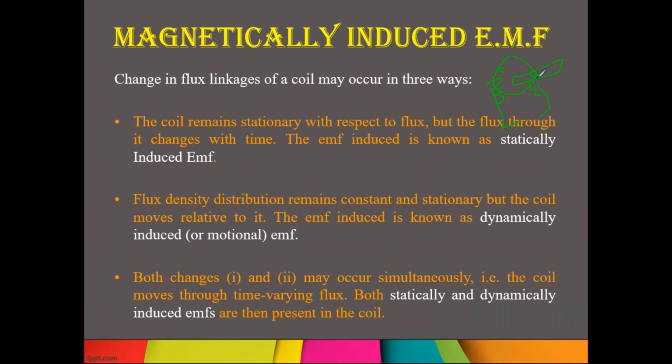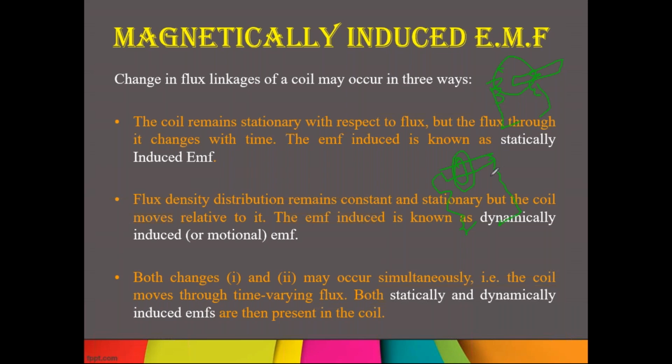In the first case, the magnet is stationary and the conductor, the metal piece, is moving. In the second case, the conductor is in a fixed position and the magnet moves around the conductor.